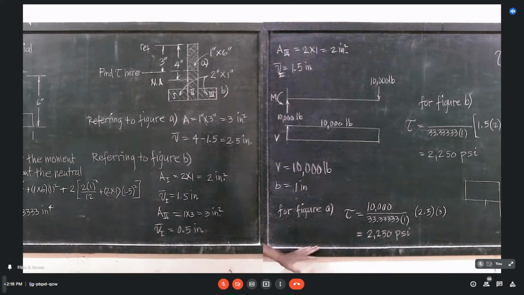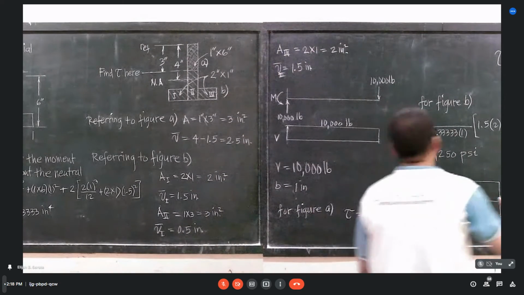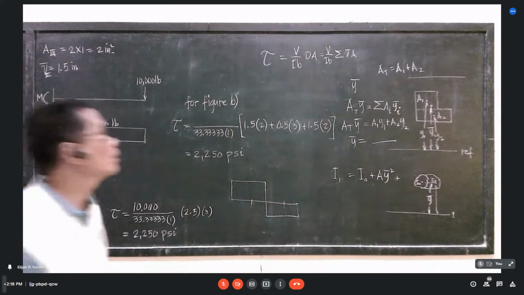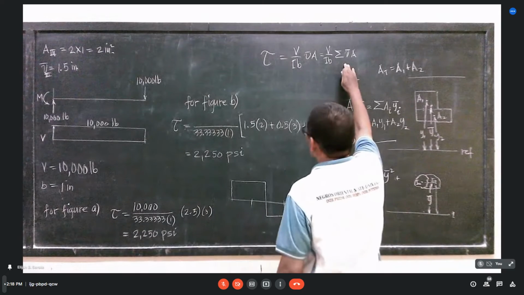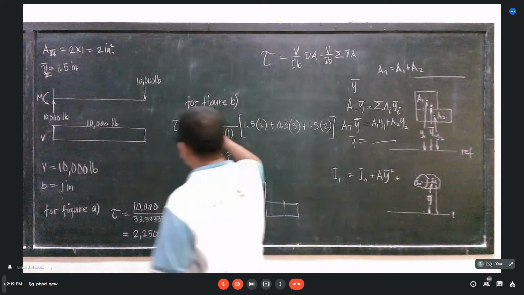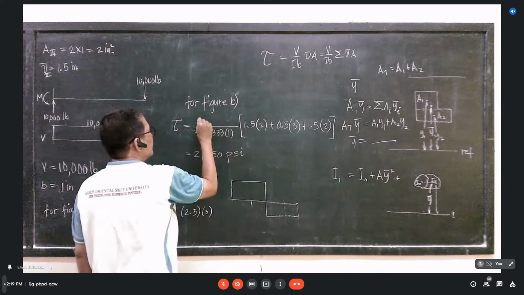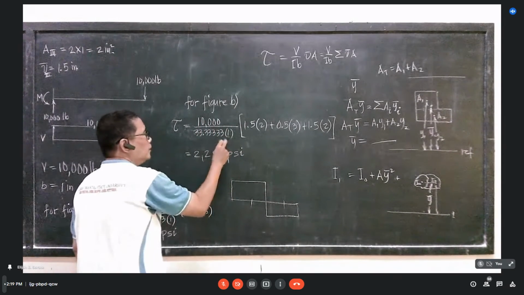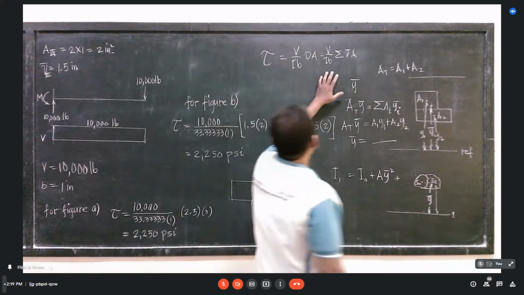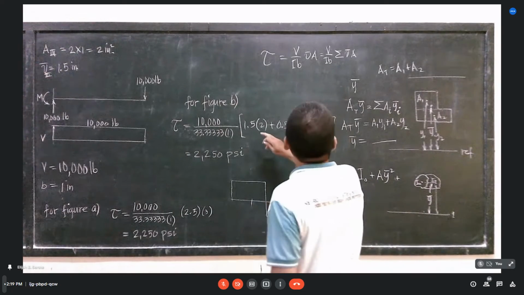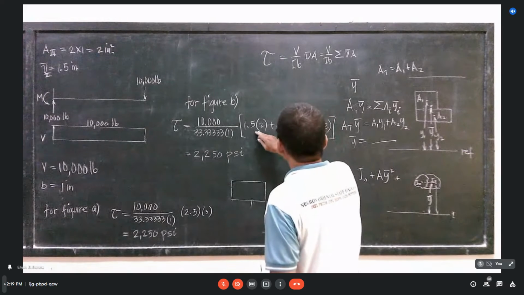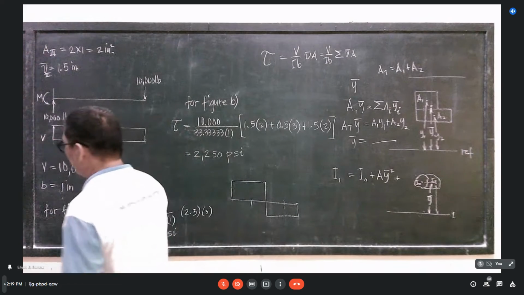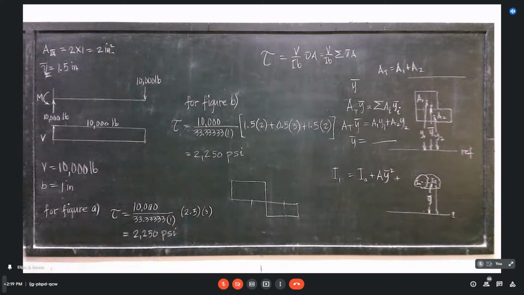So, in that case, we are going to follow this one. So, VIB 10,000, IB summation of the V times A. So for the first figure, it is what?